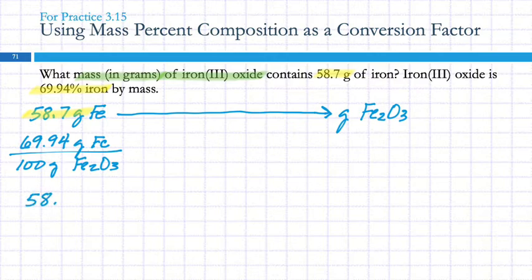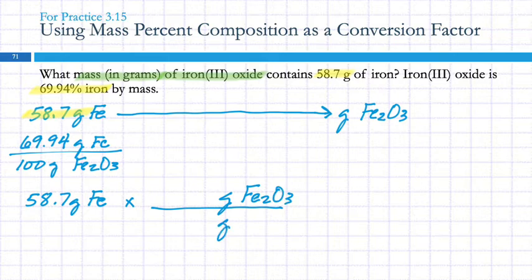So 58.7 grams of iron. This is an example of where sometimes it's important to specify grams of what. Because if I don't write grams of iron and grams of iron(III) oxide, I could easily get it backwards. So it's that many grams of iron. And what I want to find is grams of the iron oxide.